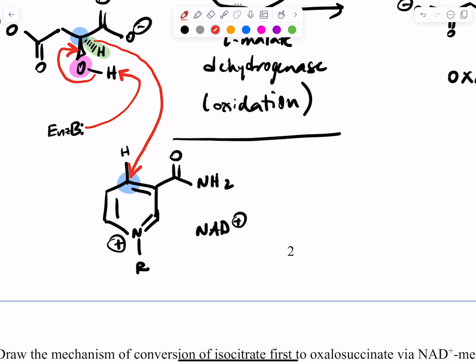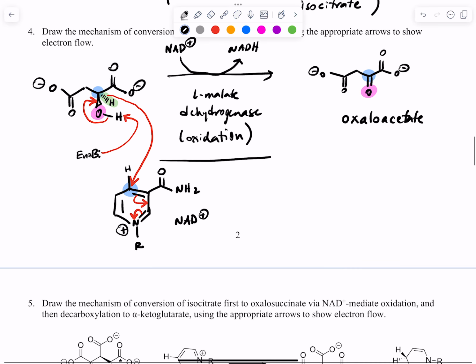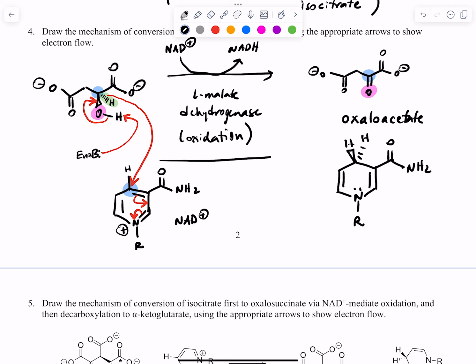If I stop there, I'd have too many bonds to carbon, so I have to shift these over to form a pi bond, and then these over to be a lone pair on the nitrogen. That gives me oxaloacetate, and it also gives me NADH. One of those two hydrogens, it doesn't matter which, it's actually known in some cases, we'll just say it's this one. That's the H- that gets delivered to NAD+, that hydrogen plus its electrons.